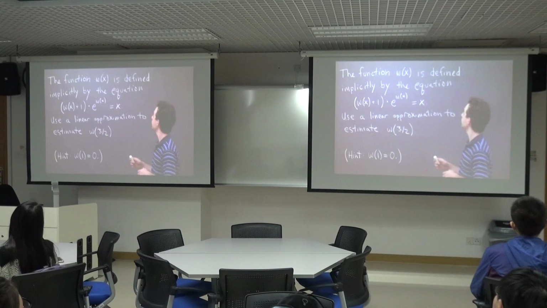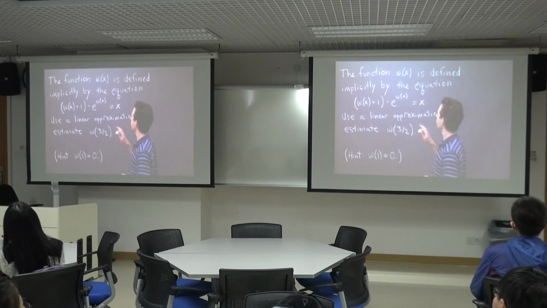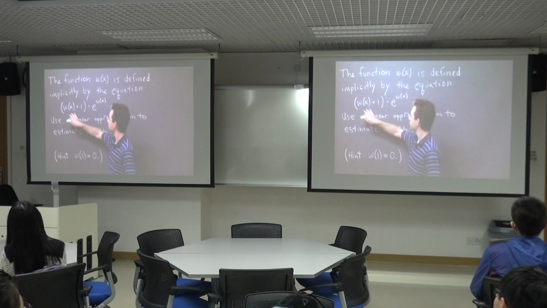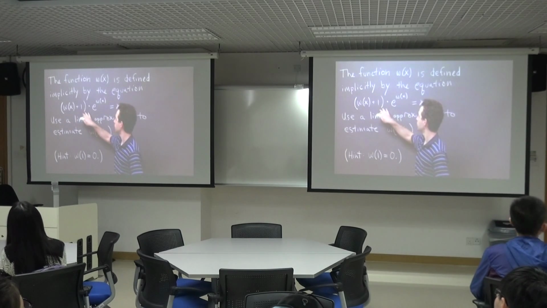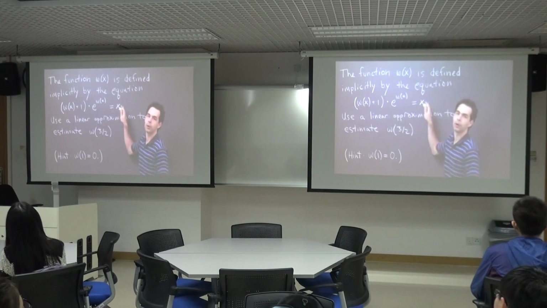So, for example, this function that I've written on the board that I've called w of x is defined implicitly by the equation that (w of x plus 1) times e to the w of x is equal to x for all x.